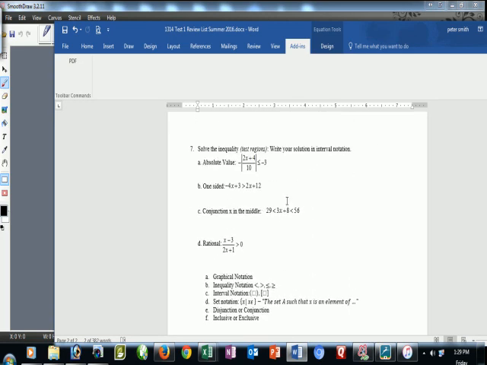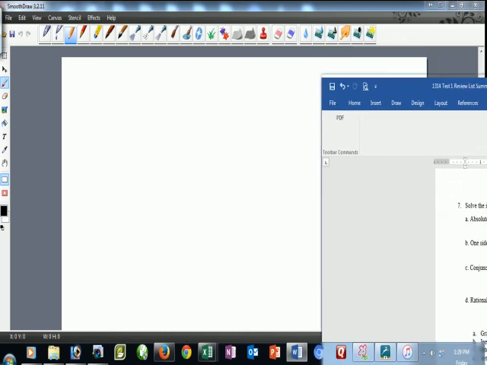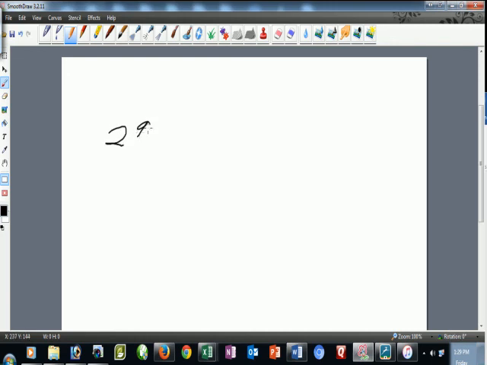So it says what? 29 is less than 3x plus 8, less than 56. Okay, 29 is less than 3x plus 8 less than 56.